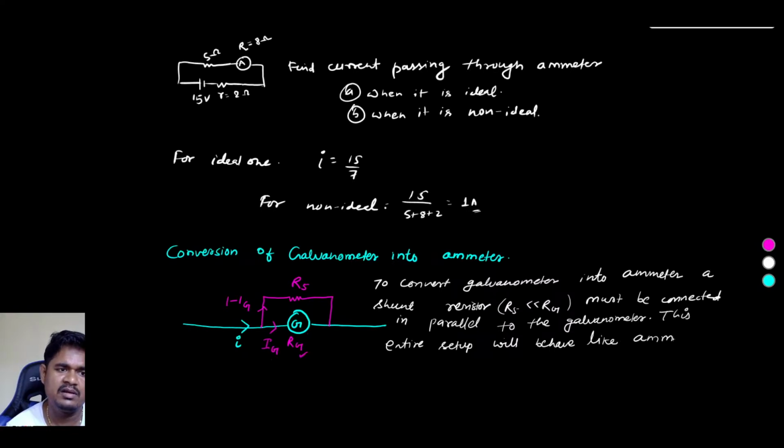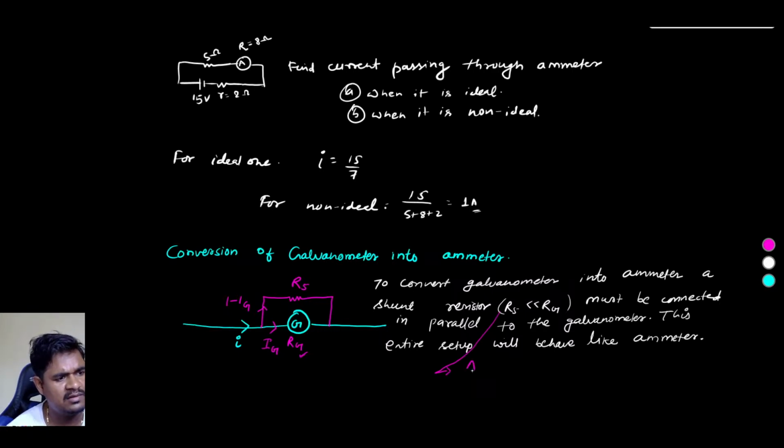Now the question is why the shunt resistance must be smaller than the galvanometer resistance. The explanation for this one is very simple.